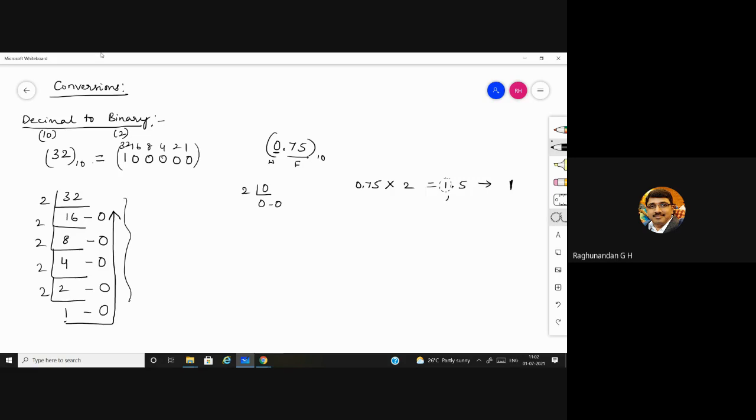Next, you have to carry forward the rest and again multiply by 2. But if you take 1.5 and multiply by 2, how much will you get? What is 1.5 into 2? 3. Is 3 allowed in binary? No, sir. So you should not allow 3 to come in the answer.